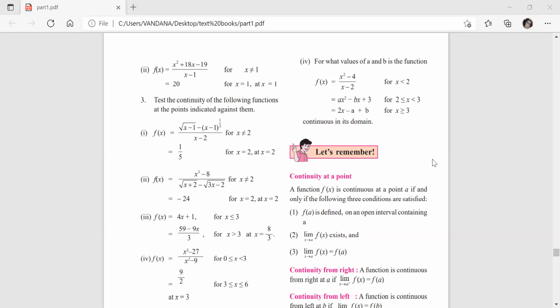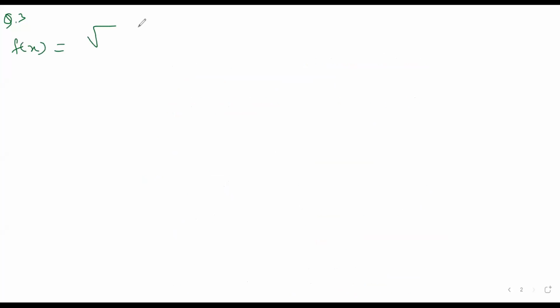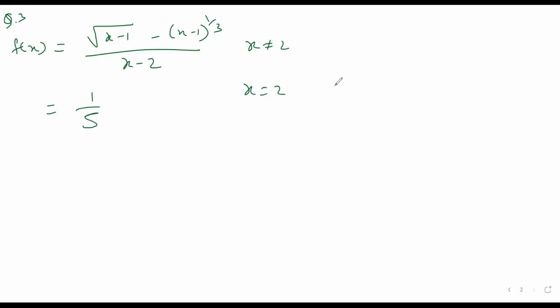Test the question number 3 first. Test the continuity at the points indicated against them. First sum is f of x is given as under root x minus 1 minus x minus 1 raised to 1 by 3, whole thing upon x minus 2 for x is not equal to 2 and it is 1 by 5 for x is equals to 2.